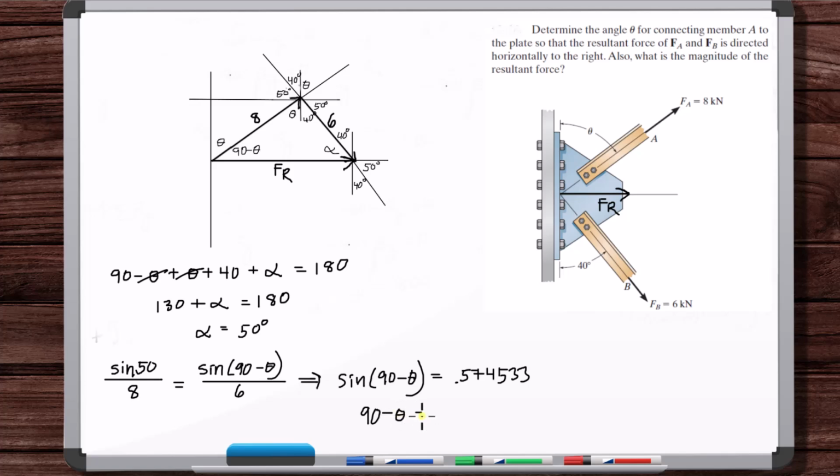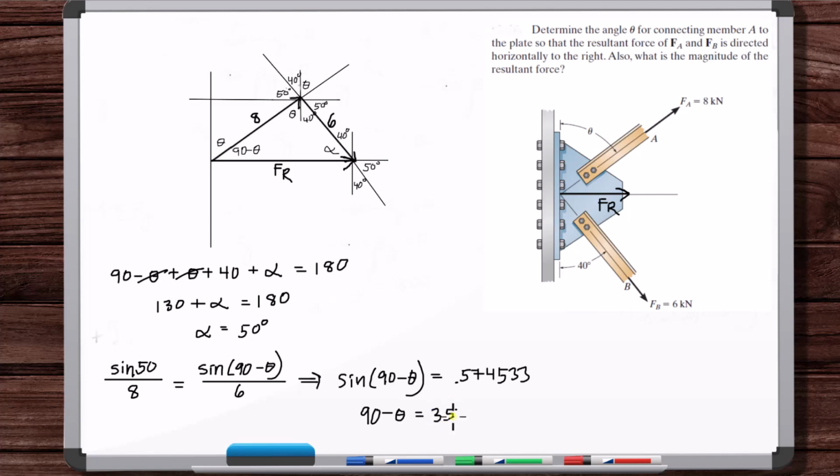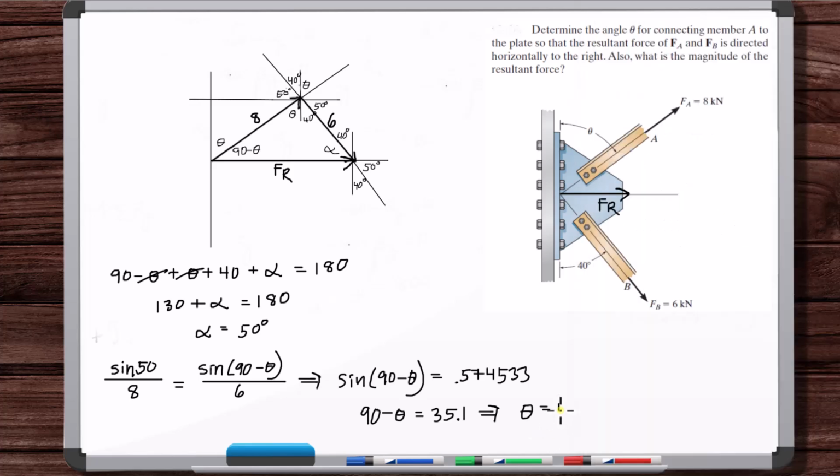So 90 minus theta is 35.1. Okay, so theta is equal to 90 minus 35.1, which is 54.9.